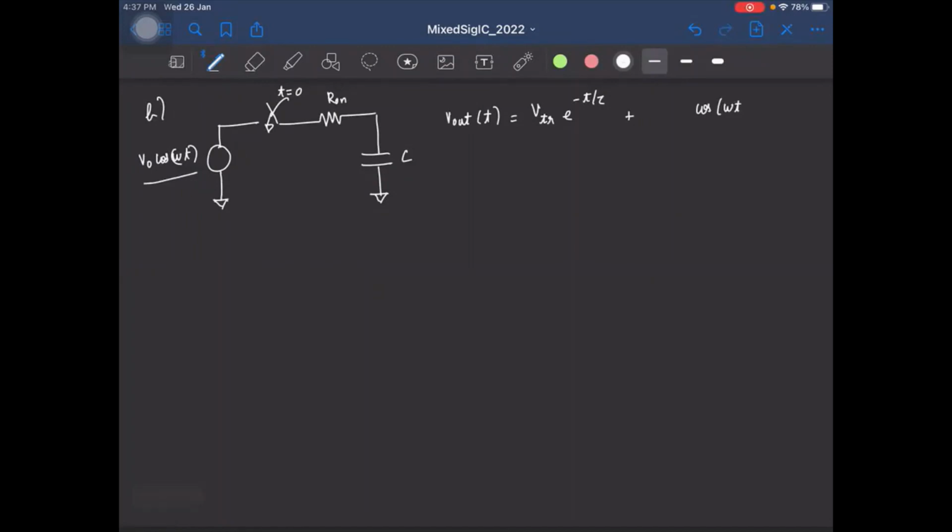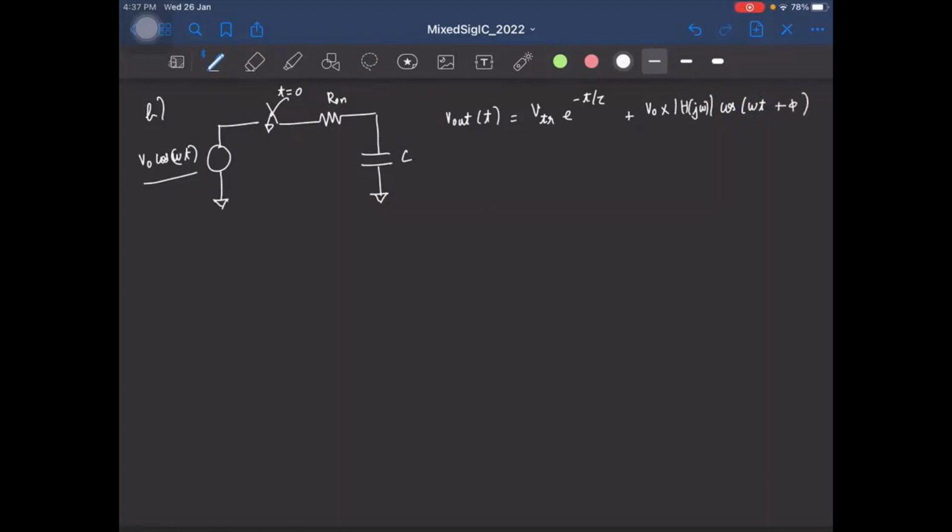So how will the amplitude change? The input amplitude was V naught, right? And that will be multiplied by the magnitude of the transfer function of this system at the corresponding frequency. So I'll just write it as mod h of j omega, right? And similarly, we'll have a phase shift.